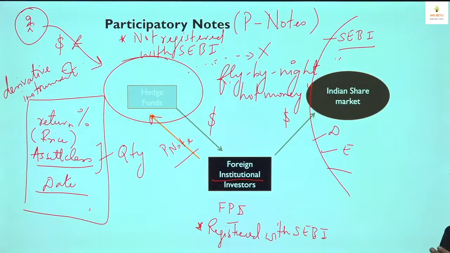We have found links of hedge funds with terrorists. A lot of times it has been disclosed that it was these hedge funds which were responsible for arranging finances for the terrorists to carry out the attacks. So even this has been established a lot of times.